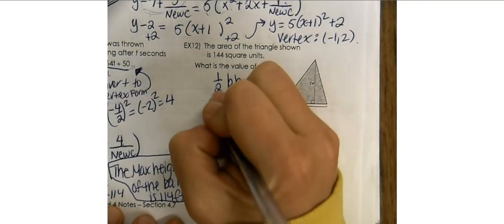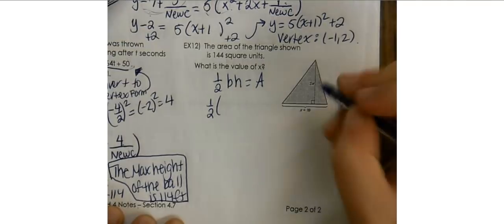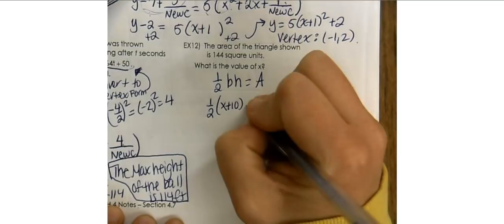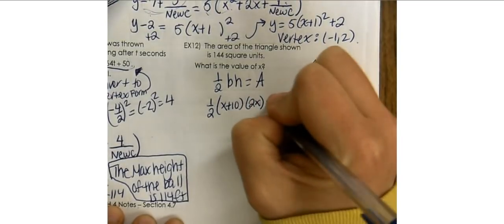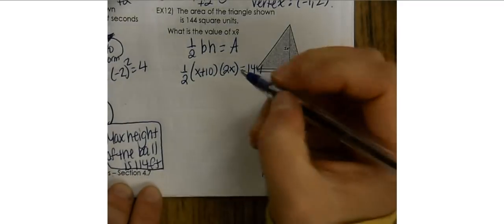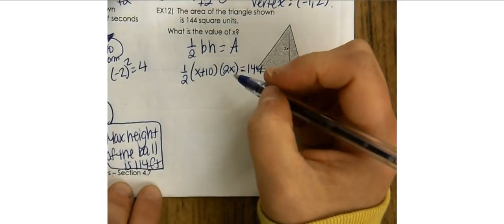So I'm going to write 1/2 times my base, which is x plus 10, times my height, which is 2x, so times 2x. This is going to be equal to 144. So what I'm going to do now is multiply everything in.